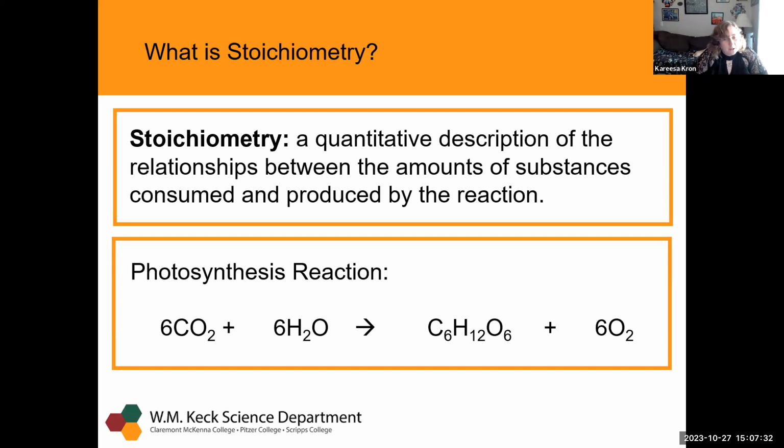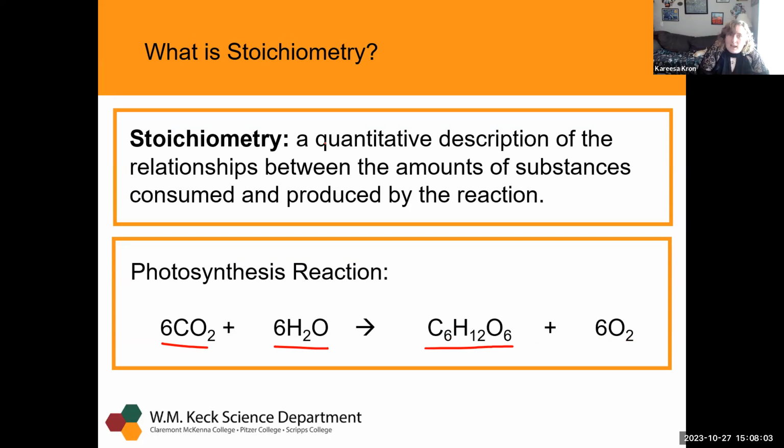So stoichiometry is defined as a quantitative description of the relationships between the amount of substances consumed and produced by the reaction. So when we balance a chemical reaction, such as the photosynthesis reaction, stoichiometry is us specifying that you need 6 CO2 and 6 H2O to produce 1 C6H12O6.